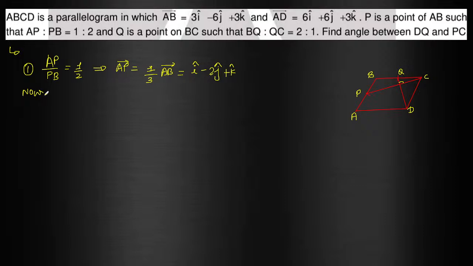Now second, BQ by QC is 2:1. If A is the zero vector, okay, so BQ will be 2 by 3 of AD.